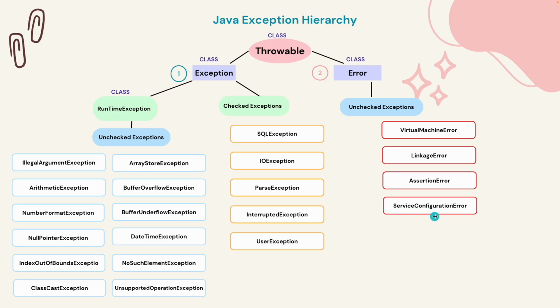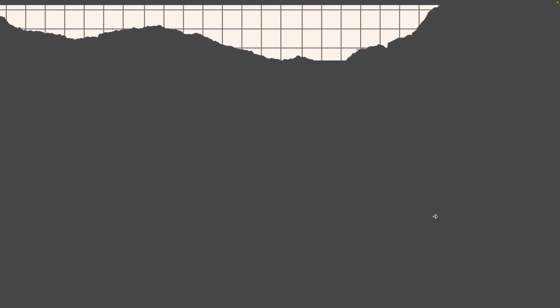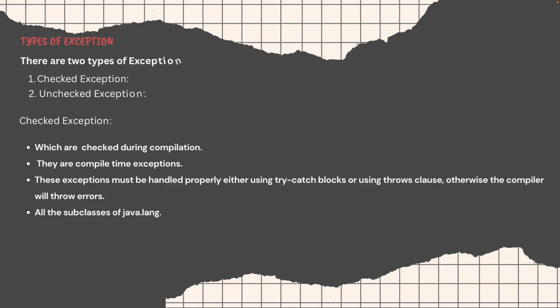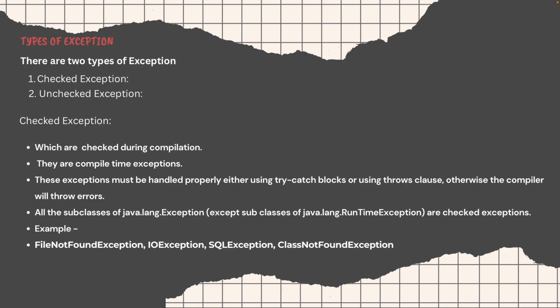So now we talk about the types of exceptions. We already discussed that there are two types of exception, checked and unchecked. For checked exceptions, you can see the definition or check all the points of the checked exceptions. So basically these are the exceptions which are checked during compilation, not runtime.